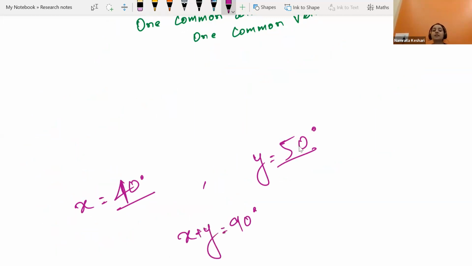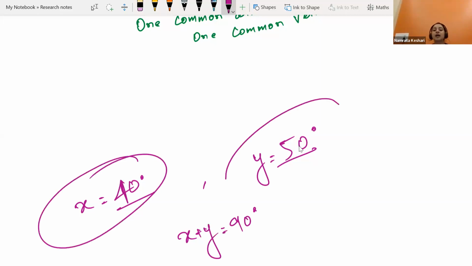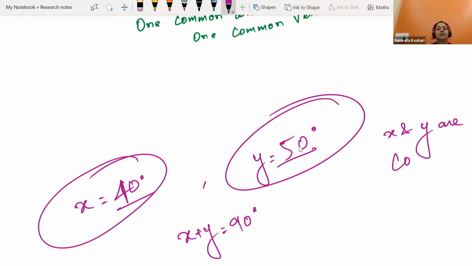If that is the case, then we will say angles x and y are complementary with each other. You know that, right?